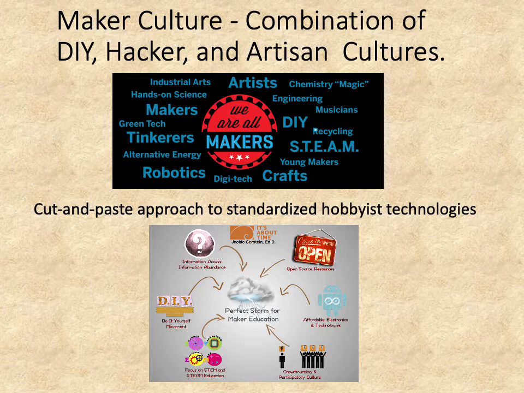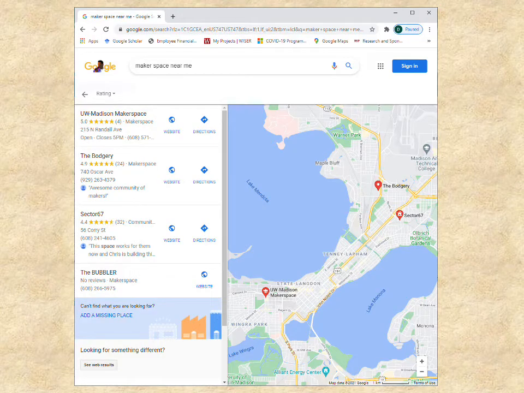And this maker culture combines do-it-yourself hackers and artisan cultures. It all comes together in this cut and paste approach to standardized hobby technologists. One of the outgrowths of this is something called maker spaces.